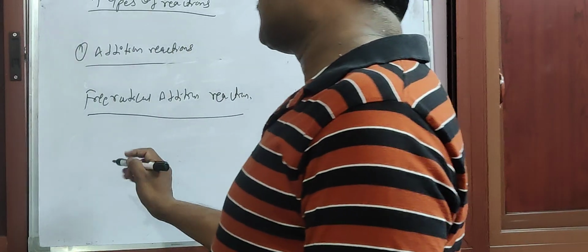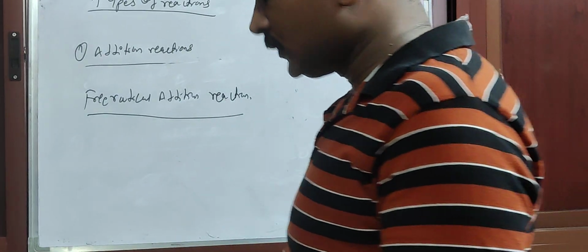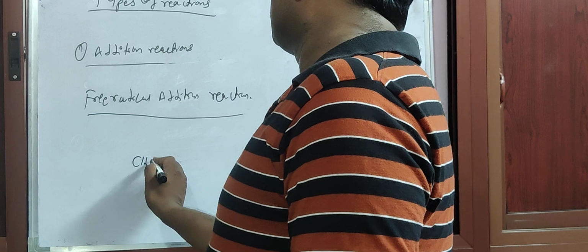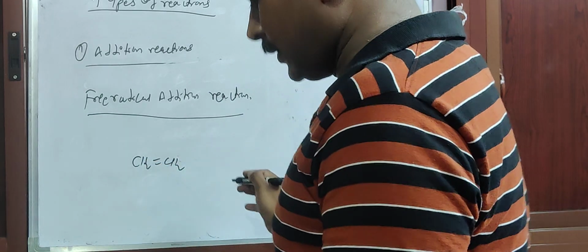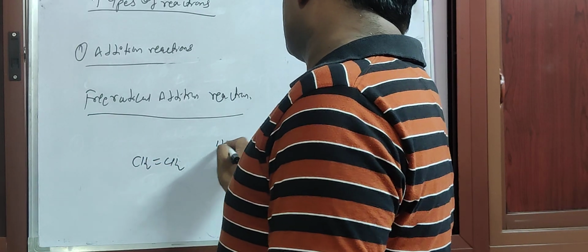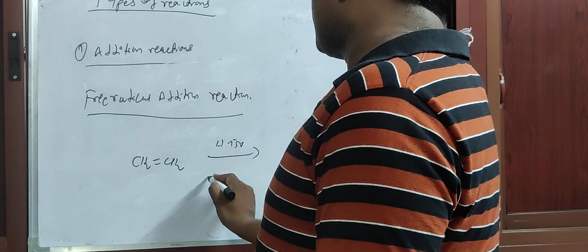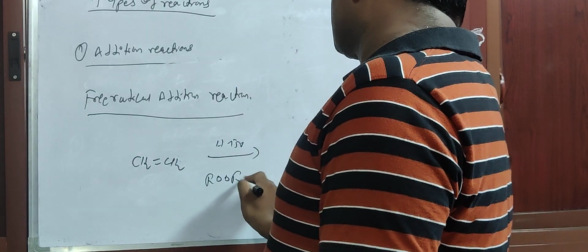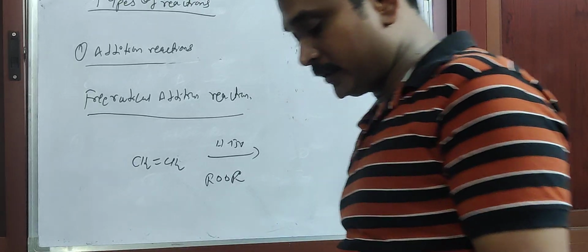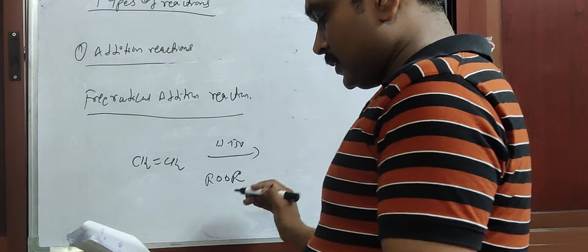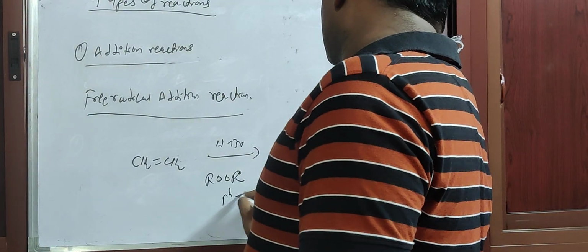If you take, for example, alkene and HBr, but in this case we have to take a reagent acting as a peroxide, alkyl peroxide.